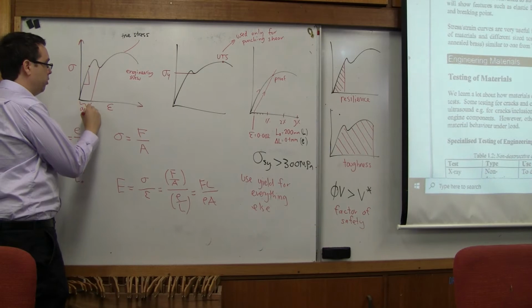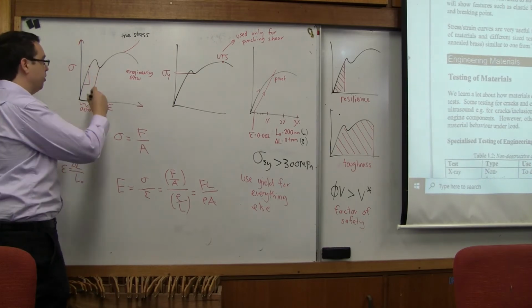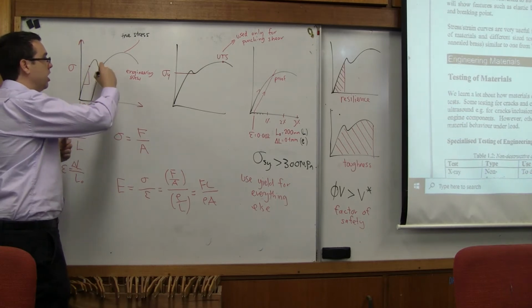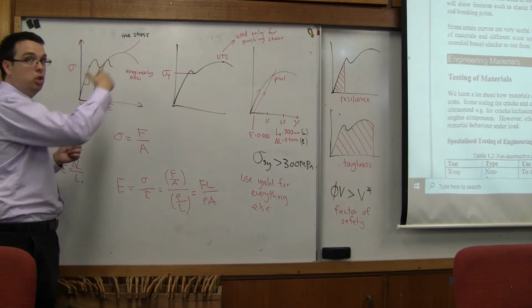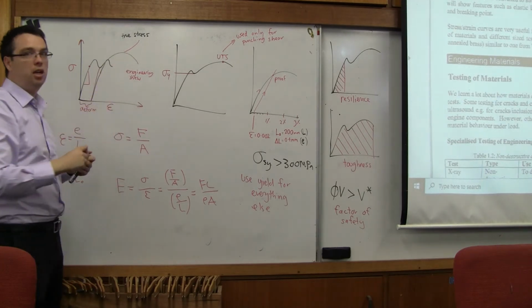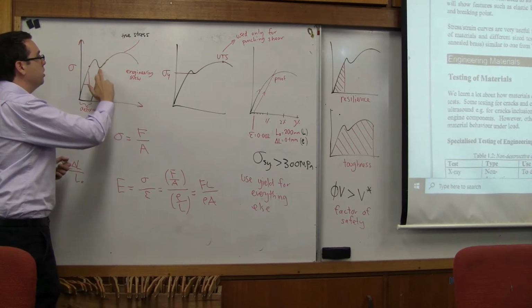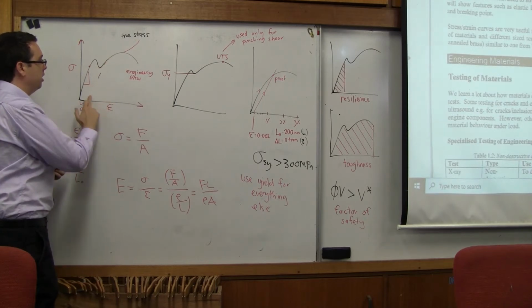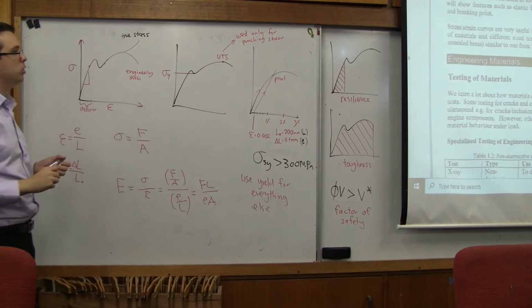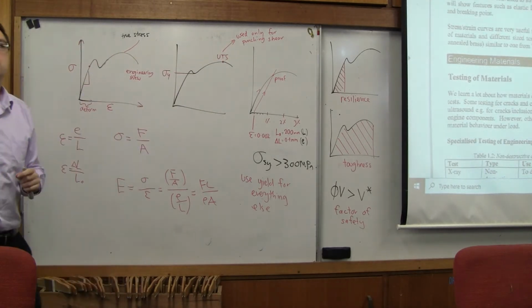The next time we start the graph, it's going to start from this location and do the same thing over again, but it's going to be shifted because of that permanent deformation. Eventually, you're going to hit the failure load a lot sooner. So that's why we always want to design for the proportional limit.